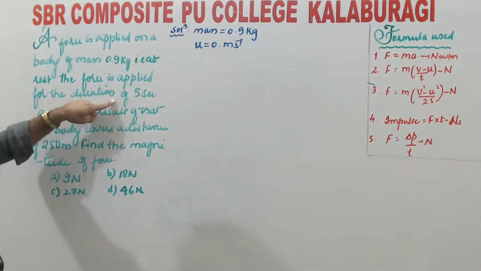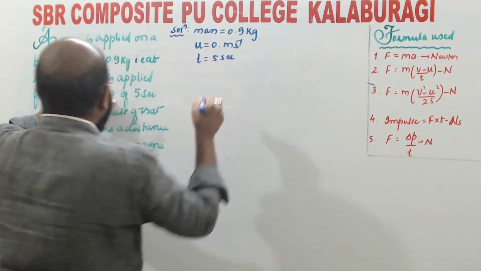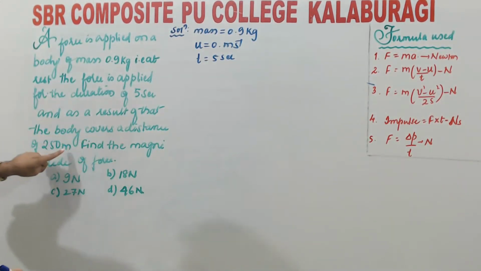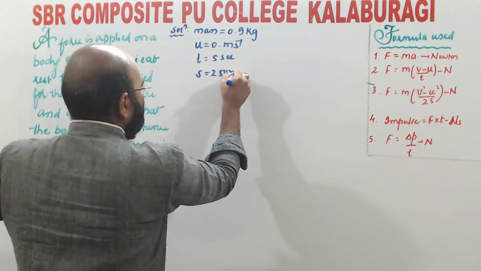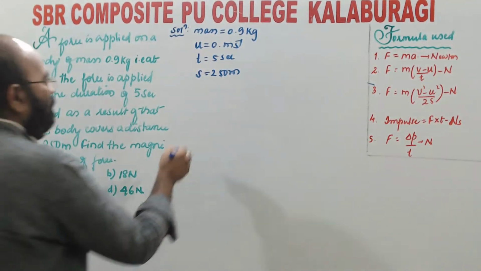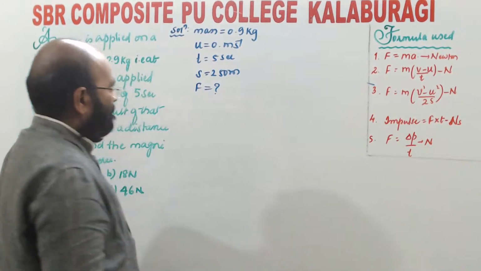Duration of 5 seconds, so time t is equal to 5 seconds. As a result, the body covers a distance s equal to 250 meters. Find the magnitude of the force. Magnitude of force F is equal to question mark.